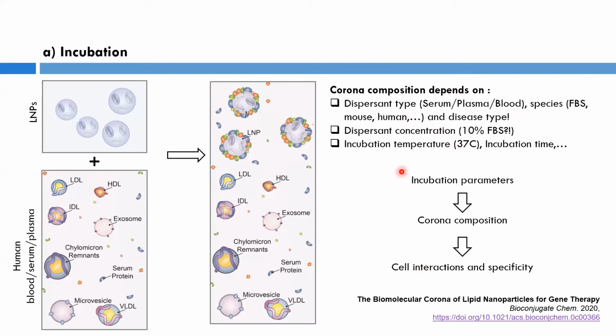Any change in these parameters can change drastically the corona composition and therefore the LNP's targeting ability. Therefore, controlling these parameters is fundamental for making in vitro studies that are predictive of the in vivo situation.